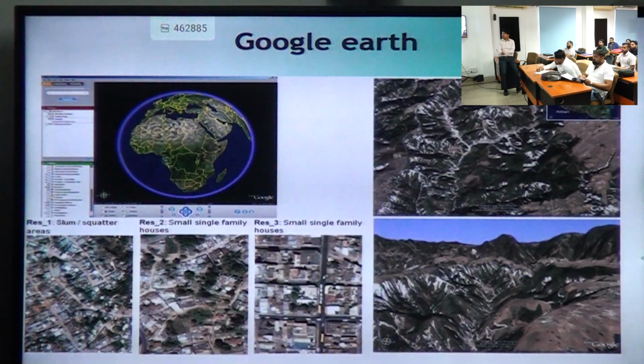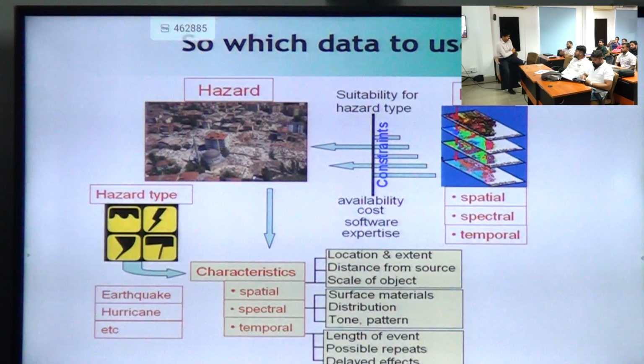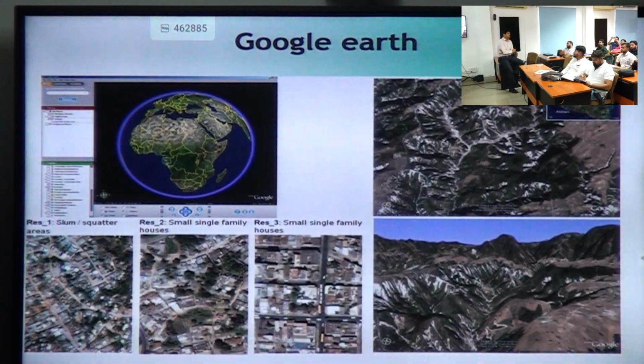Based on the spatial and temporal scale, see, because some of the data, let's say, if you are using a land use land cover map for your analysis, and the land use land cover map that you have from the so-called agency, they prepared in 1990. Now you are using it as your input data.